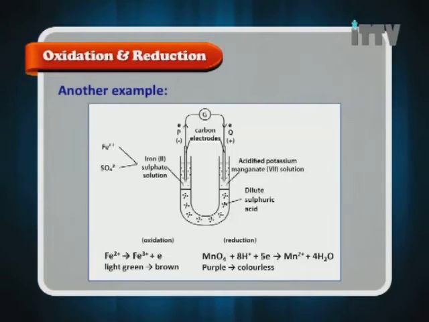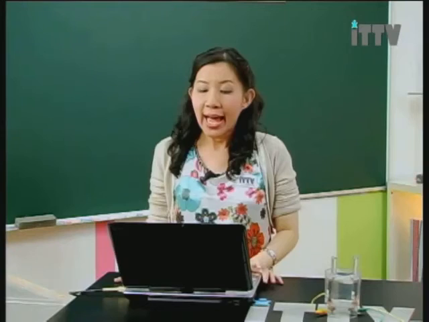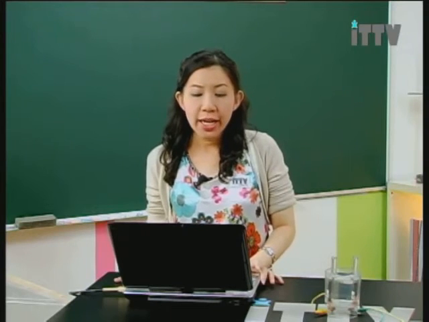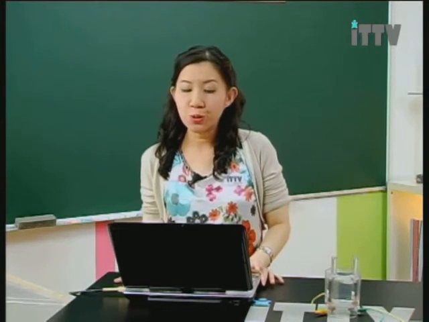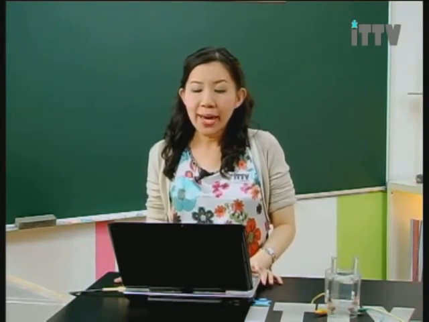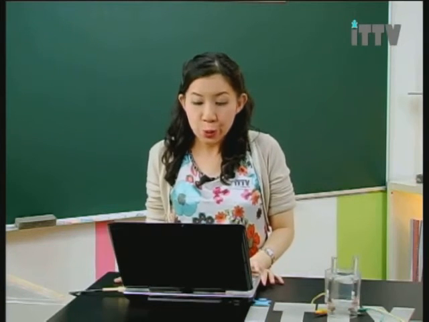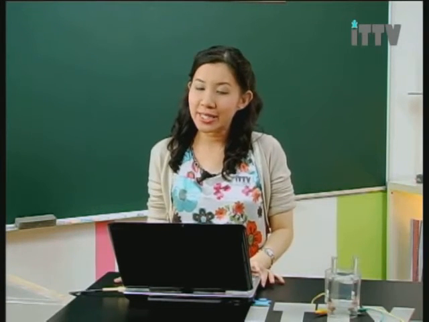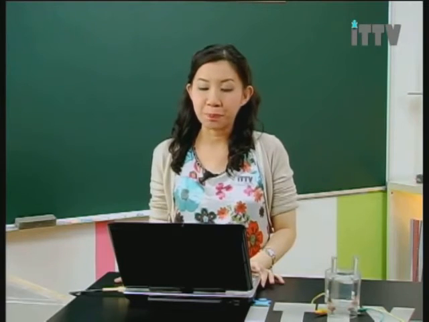For the oxidation half equation, Fe2+ becomes oxidized to Fe3+. Therefore, the observation expected would be from light green to brown color solution. And the reduction half equation that happens on the other arm of the U-tube will be the permanganate ion is reduced to become colorless manganese(II) ion.